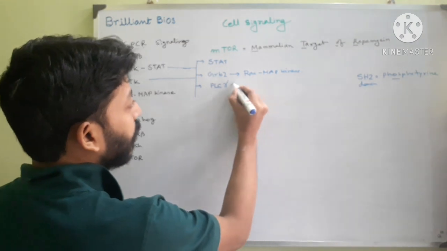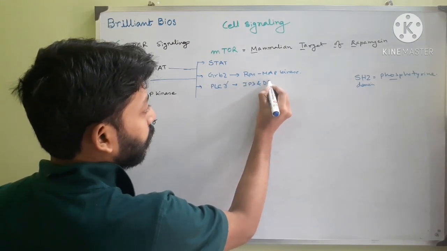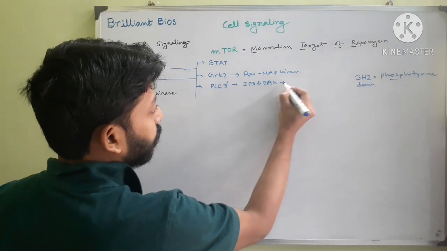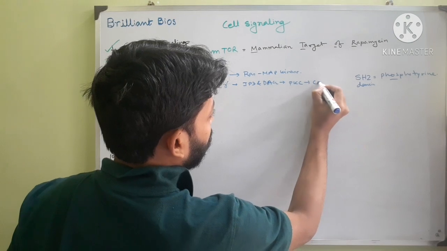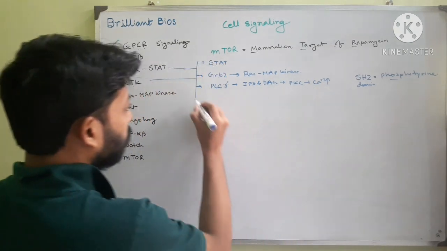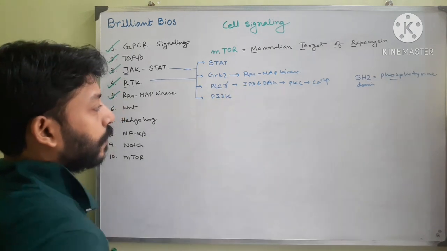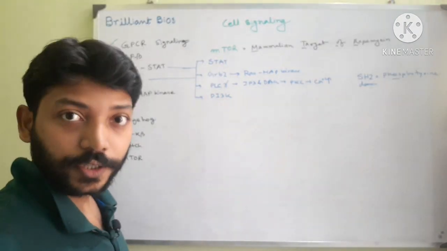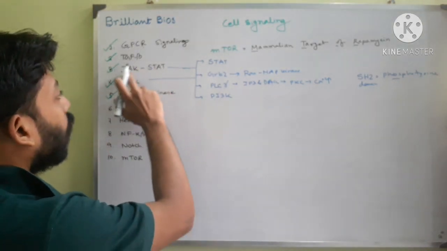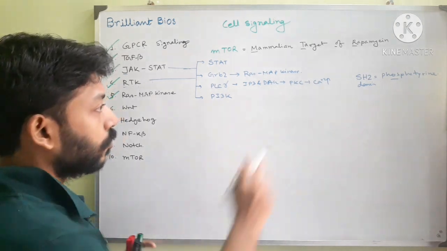And we know that PLC gamma produces IP3 and DAG, which can activate PKC, and calcium concentration also increases. Another one is PI3 kinase. This enzyme associates with the RTK or JAK-STAT pathway because PI3 kinase also has an SH2 domain.